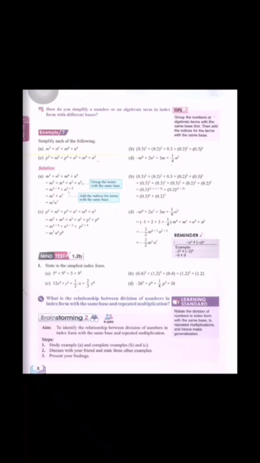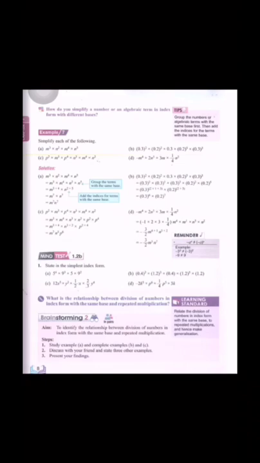Also D, negative m to the power of 4 times 2 n to the power of 5 times 3m times 1 over 4 n to the power of 2. This is like before, we group the numerical coefficients and the variables. Numerical coefficient, we have negative 1 times 2 times 3 times 1 over 4. Then m as the base is the same base, so we just add the indices, the power of 4 and the power of 1, and for n, the power of 5 and the power of 2.